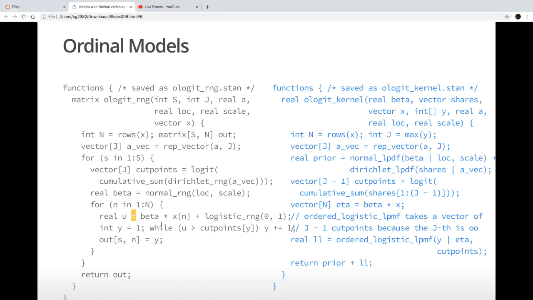And that's why we fix the standard deviation of the errors to be 1 rather than something that we estimated, in order to preclude that sort of multiplicative scaling. But that basically means that the units of utility are in terms of standard logistic errors, which is not something that a lot of people are going to find super intuitive.